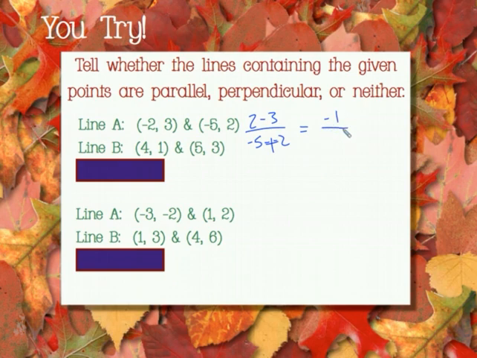So you get negative 1 over negative 3, which a negative divided by a negative makes it a positive 1/3. So you end up with 2 here, which is neither.